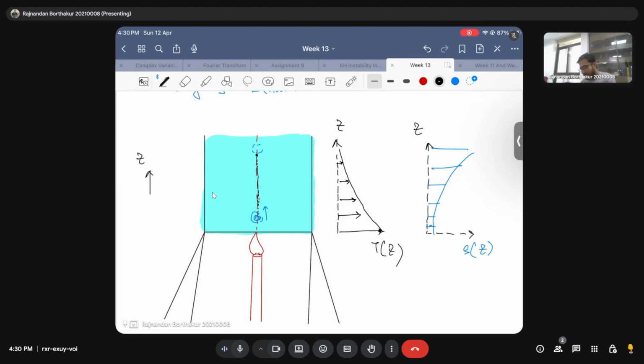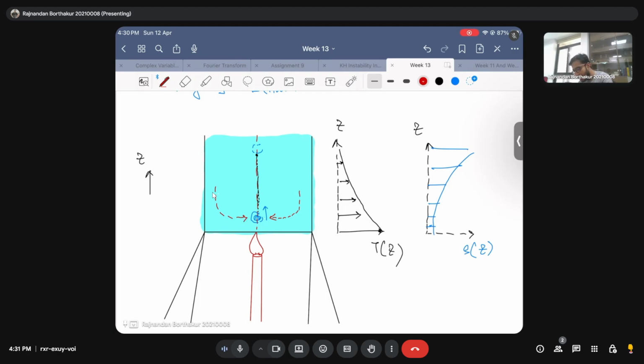But since this fluid element has moved up, there is actually a gap that is being created because the fluid here has moved above. This difference in density, or equivalently you can say the difference in buoyancy, has induced a pressure gradient, and this will then drive a flow from the top towards this side.